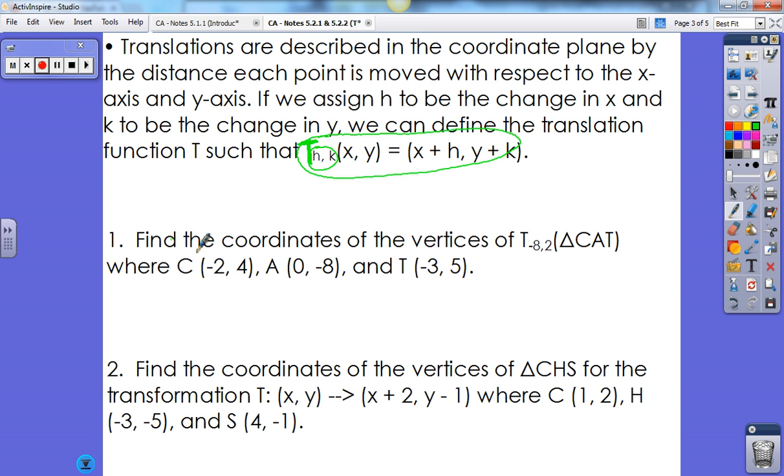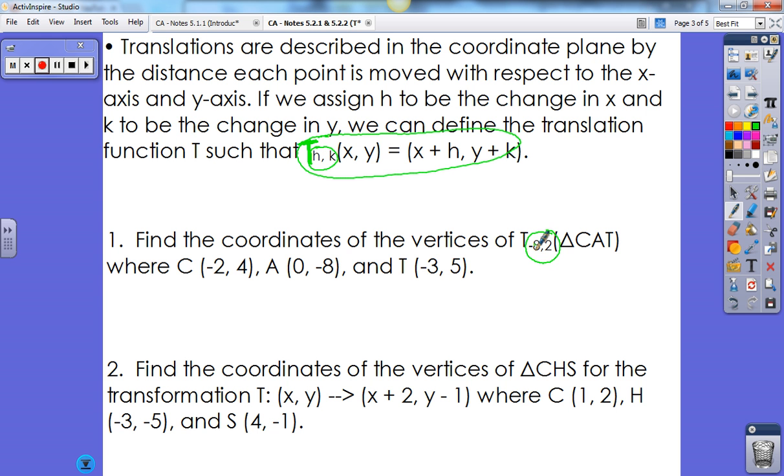Alright, so I have the coordinates of a triangle CAT. Here are my coordinates for triangle CAT, and I could go ahead and graph those, but I've got the coordinates of this triangle, and it wants me to move them or translate the vertices according to this right here.